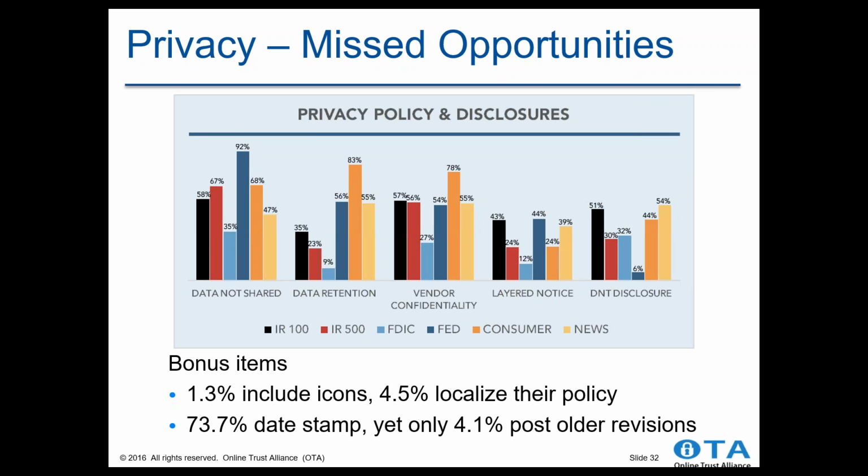Great news on the federal sites: 92% say they do not share data with any third parties. Data retention, conversely, we see very low addressing of it. That is, what happens after you stop having an account, what data is retained. In this category, we're looking for just a statement to say we retain the data for these purposes for this long. So again, some low scores there and opportunities.